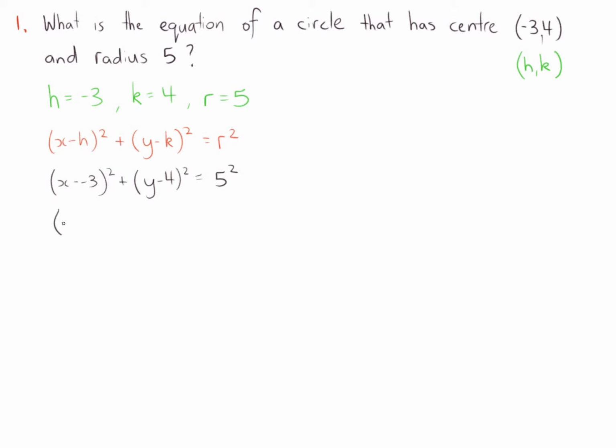Tidying this up, the two negatives make a positive, and on the right hand side of our equation, 5 squared is equal to 25. And that is the equation of our circle.